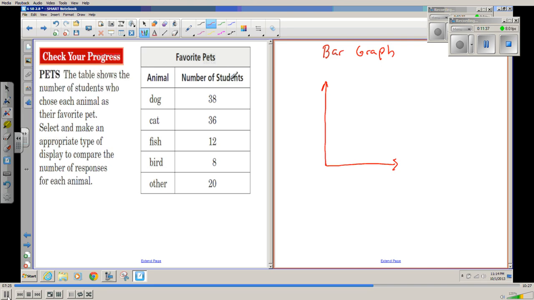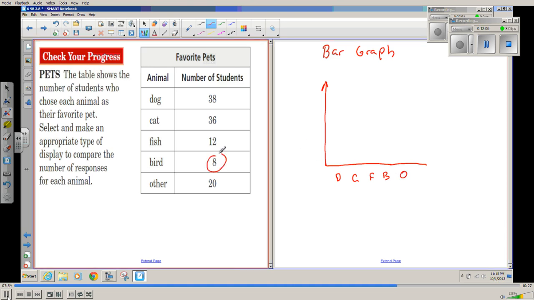Because it has categories. So the categories we put at the bottom: dog, cat, fish, bird, and other.